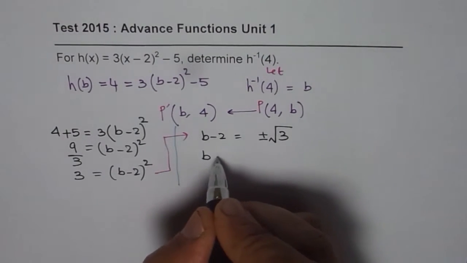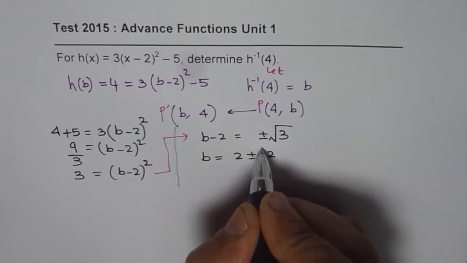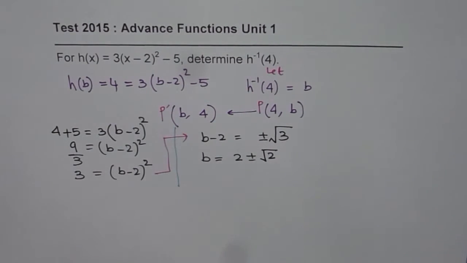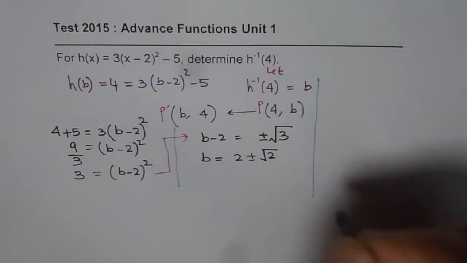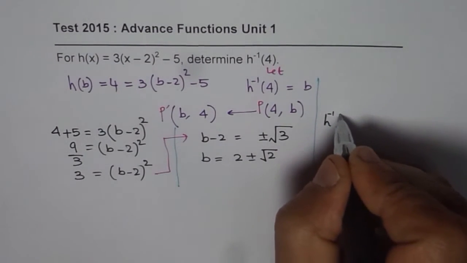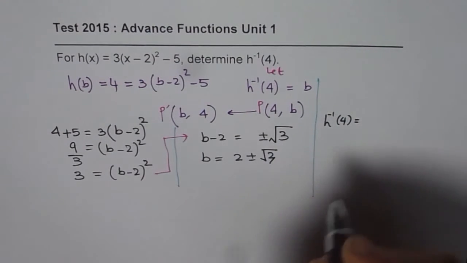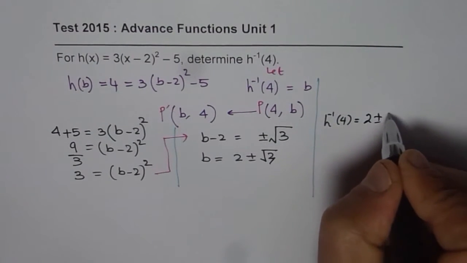Then b equals 2 plus or minus square root of 3. Do you see that? So we get two values for b. And therefore, now we can write down our answer: h inverse of 4 equals 2 plus or minus square root of 3.